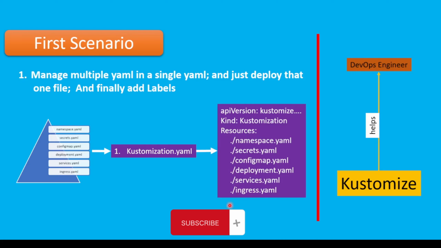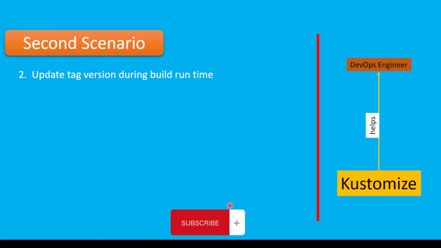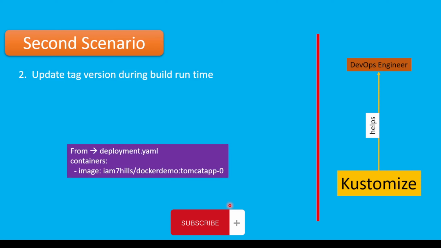So let me look into the second scenario. In the second scenario, you need to change the tag version of your image during the build runtime, and then you need to deploy the updated tag image into the Kubernetes cluster. Let us see how that process will work using Kustomize.